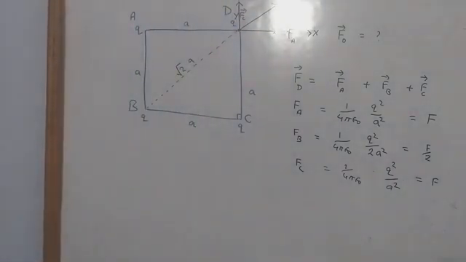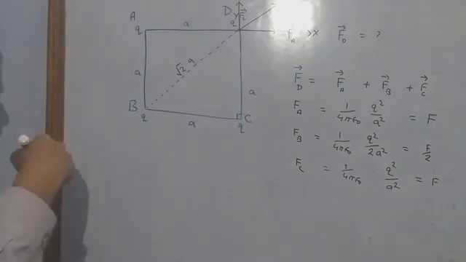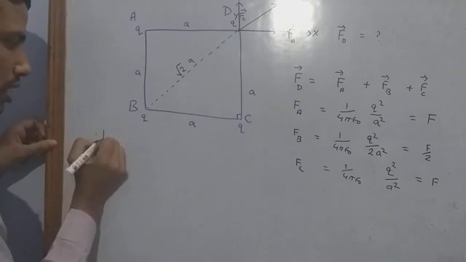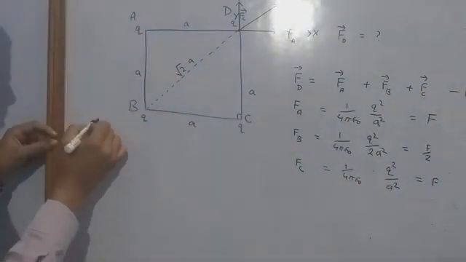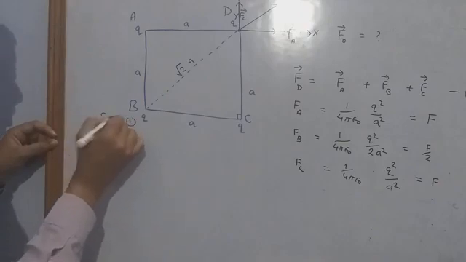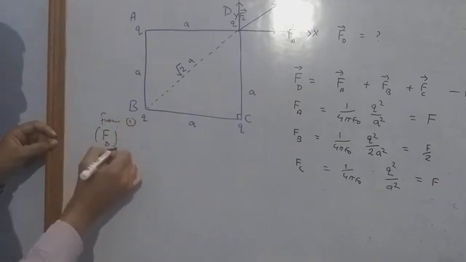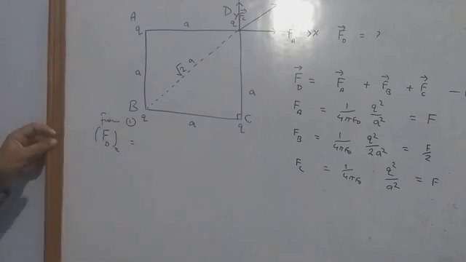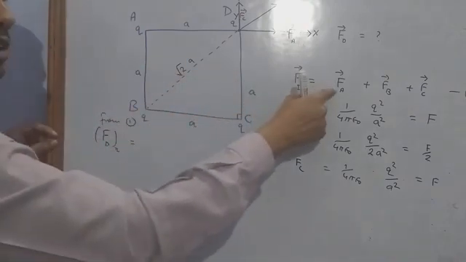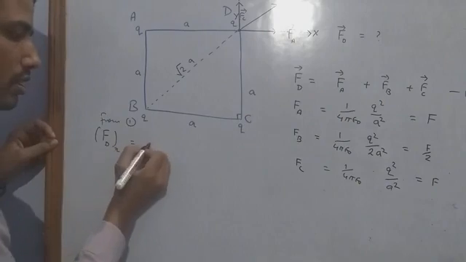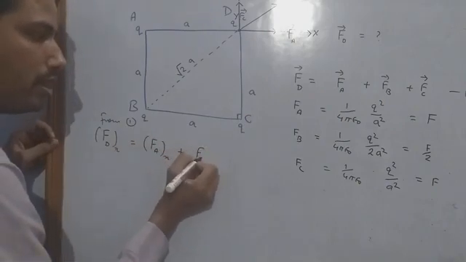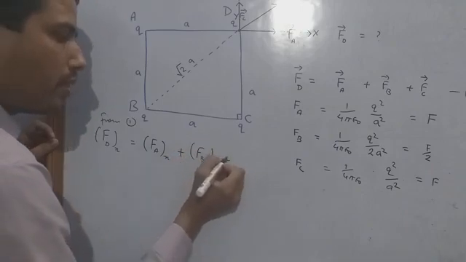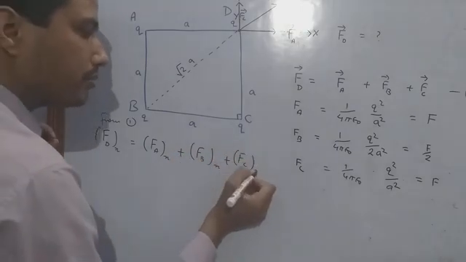Now these two axes are mutually perpendicular to each other, so we can resolve all the forces along them, and therefore the net force Fd from equation 1, its x component should be the sum of x components of these three forces. So it will be Fa x component, Fb x component and Fc x component.